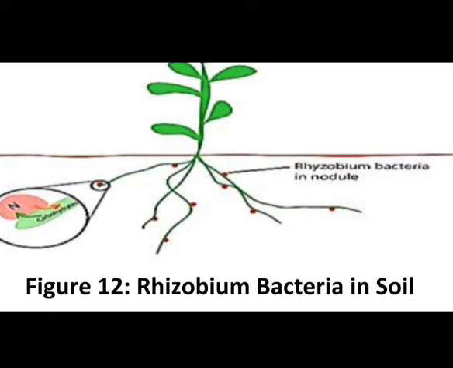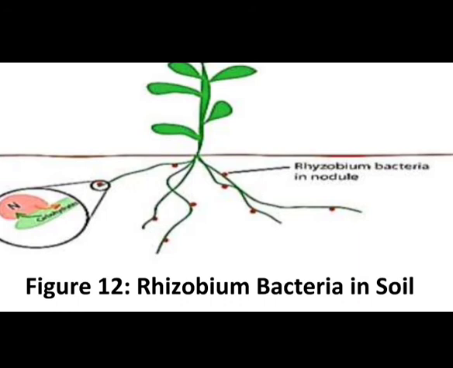So here these bacteria, they are living in symbiotic relationship with this plant. Symbiotic means when both organisms mutually benefit each other.